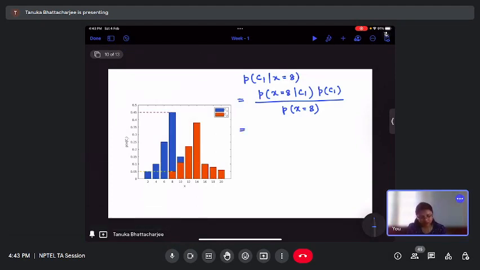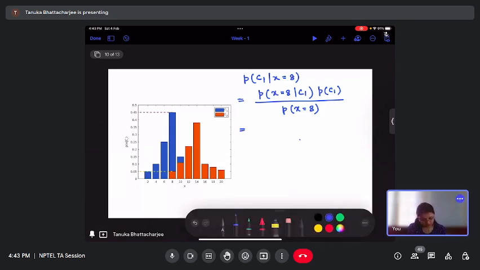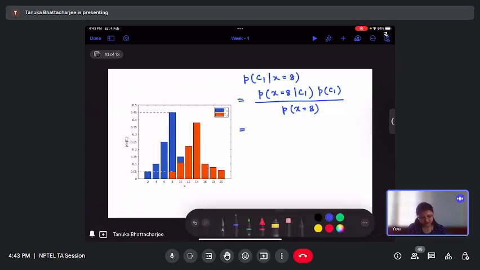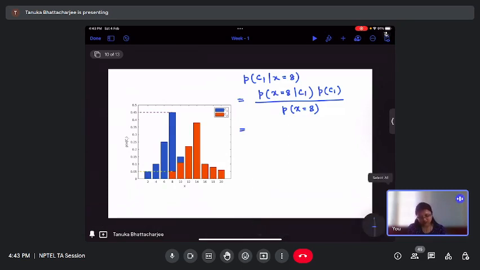Any conditional probability you can change like this. Now, here you already know the value of probability of x equal to 8 given C1; from this class conditional density you will have to take the value at x equal to 8. You already have the curve, you just need to read the value at x equal to 8. Probability of C1 and C2 you have already computed.